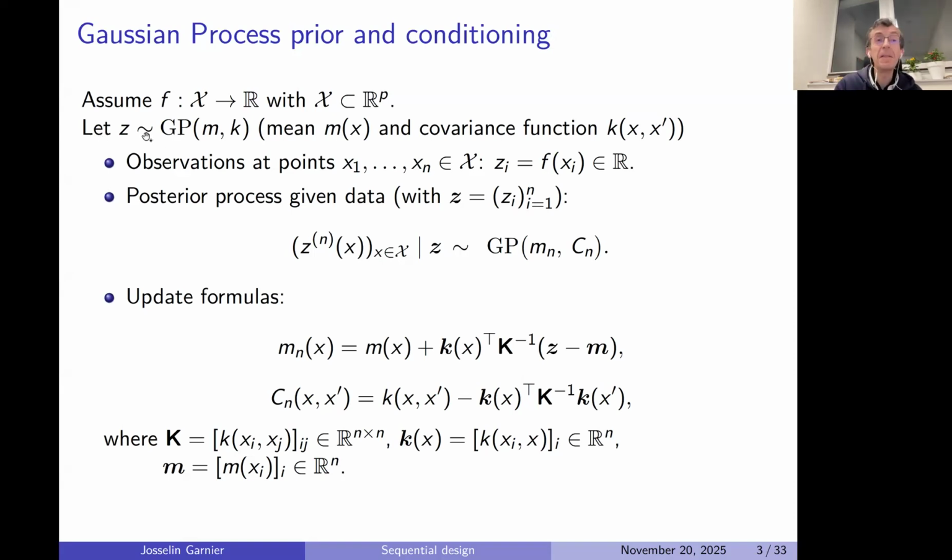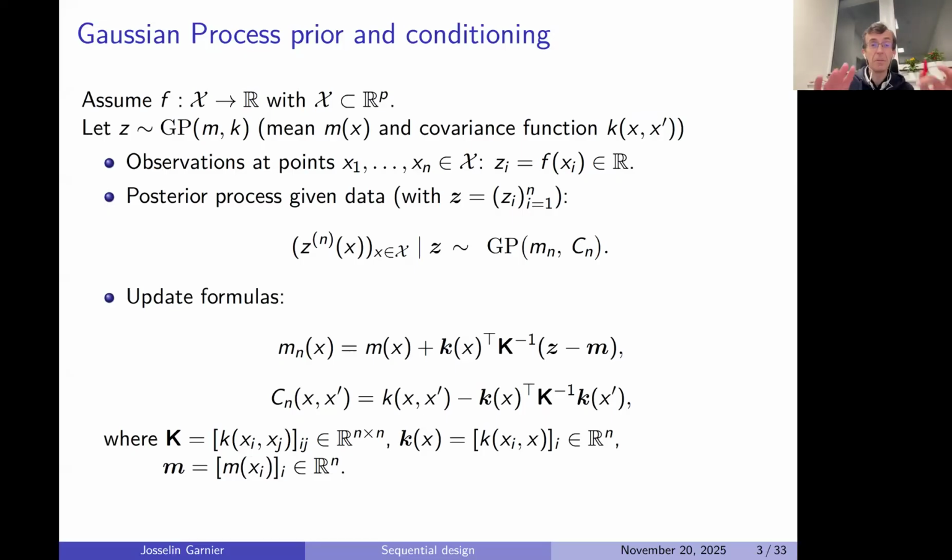You may say that this is the prior information that you do have. Typically, you don't know much, so we will take a mean that is equal to 0 and a covariance function that, as we will see, characterizes the smoothness of the function that you anticipate. And then you will condition this Gaussian process by this data set, and you will end up with a posterior distribution that is fully characterized.